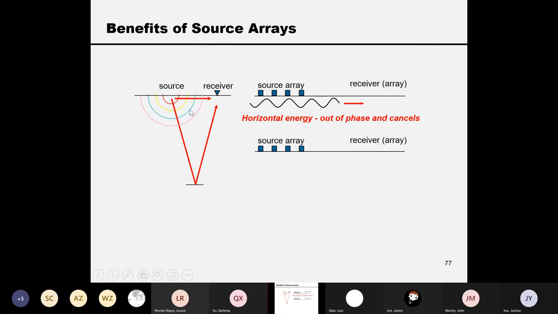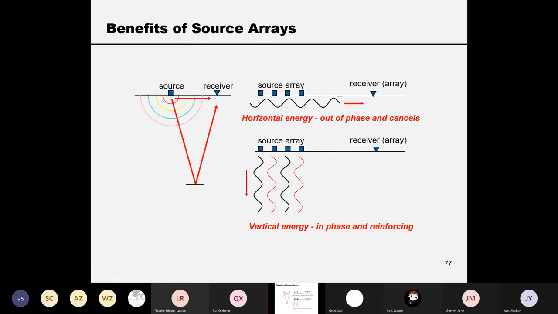But if we have multiple sources, not a single one, the horizontal components somehow cancel each other, and then you enhance the vertical energy. This is what I said: a group of single traces, though here it is actually a group of sources. A group of receivers works by a similar mechanism, the same principle.